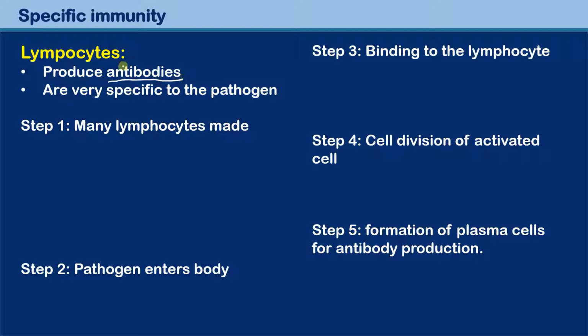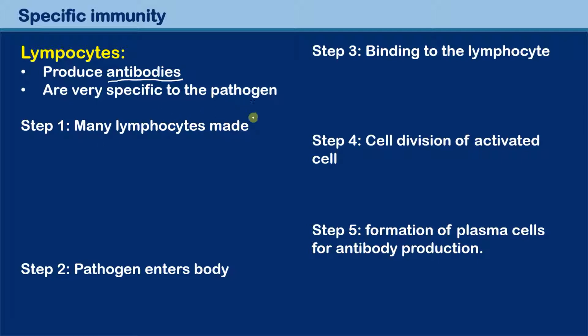So that's really important. And the lymphocytes, unlike the phagocytes, are very specific to the pathogen. So one type of lymphocyte is not able to attack different pathogens, but it's specialized to attack only one type of pathogen. And I'm going to explain over here using some drawings how this works.